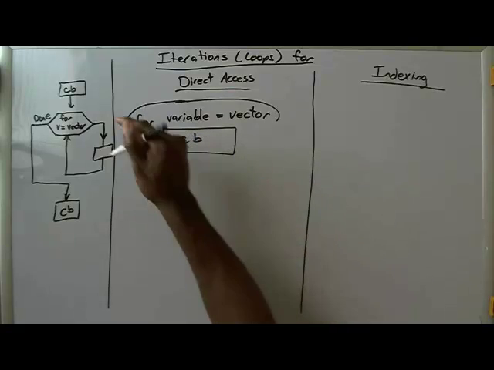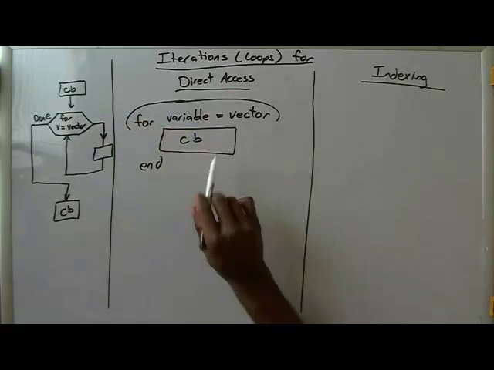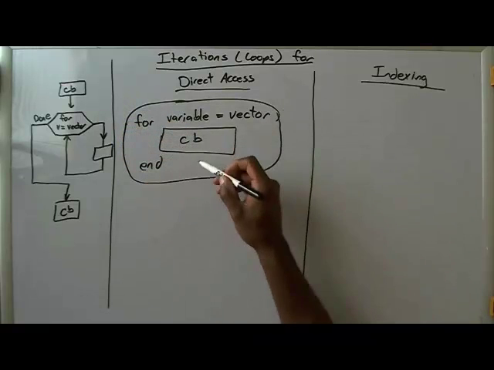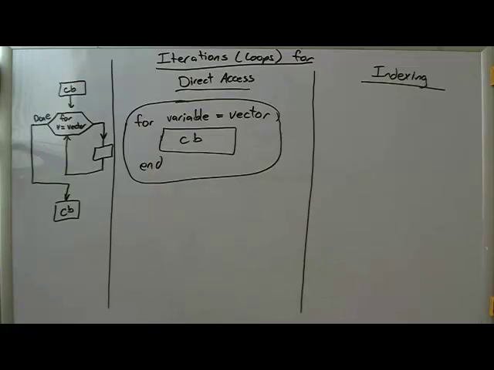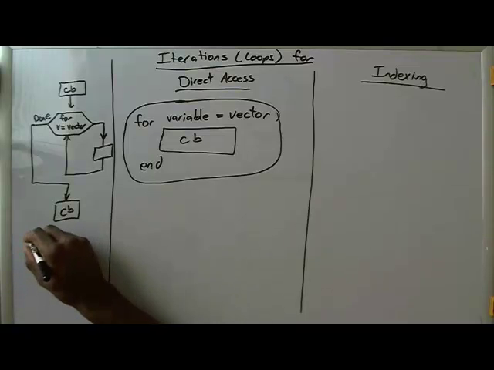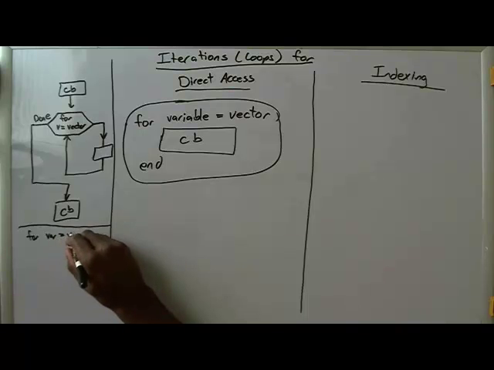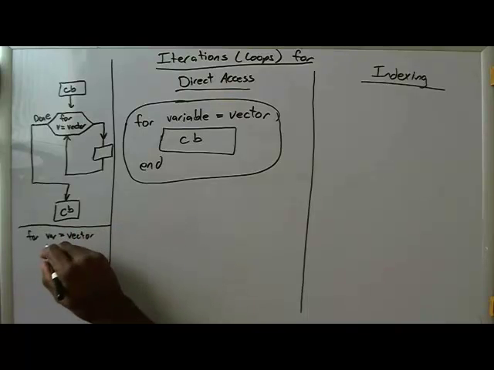And that's what this diagram over here looks like in code. In fact, let me put this over here in our little notes section: for some variable equals some vector, execute some code block, and then you end.